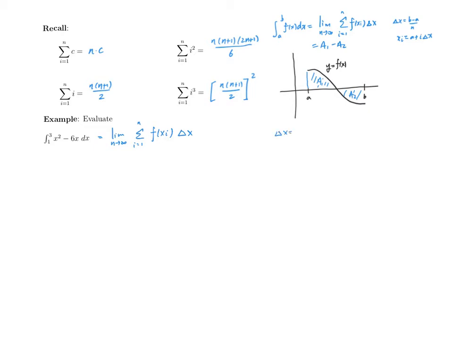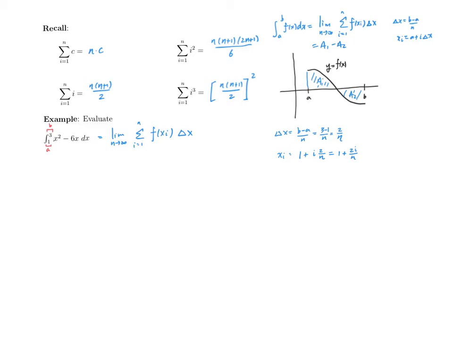Delta x is (b minus a) over n, where a is the lower limit of integration and b is the upper limit of integration. So this would be (3 minus 1) over n, which is 2 over n. x sub i is equal to a plus i delta x. We said a is 1, so x sub i is 1 plus 2i over n.